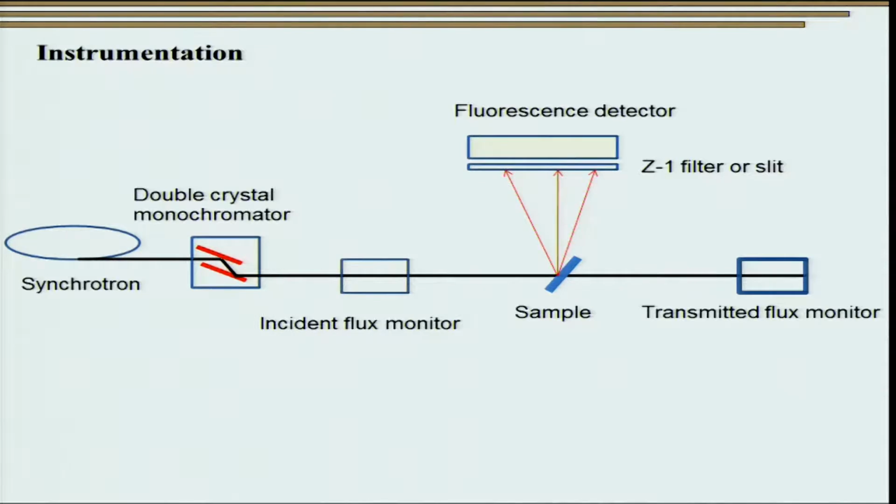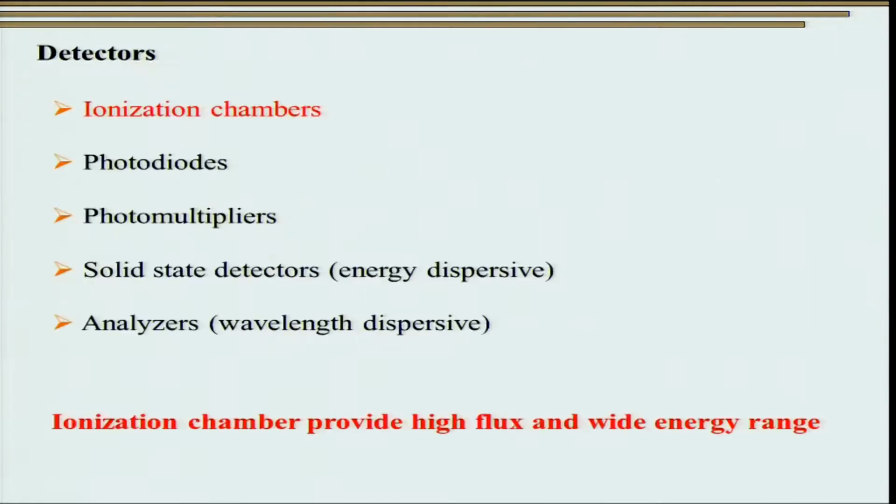The point to be noted here is that in the transmitted signal, the frequency of the incident and the transmitted wave remains the same, while in fluorescence there is a change in the frequency of the incident photon.